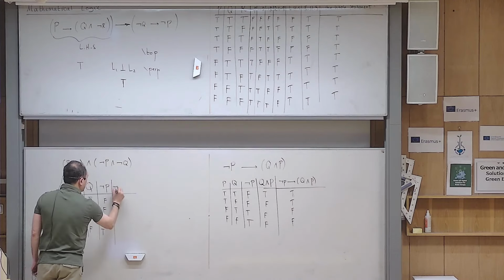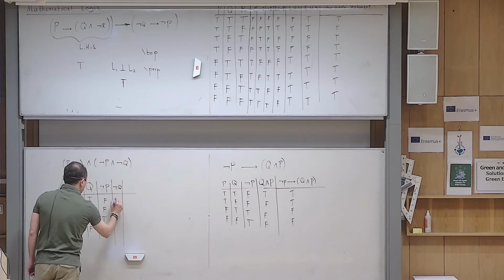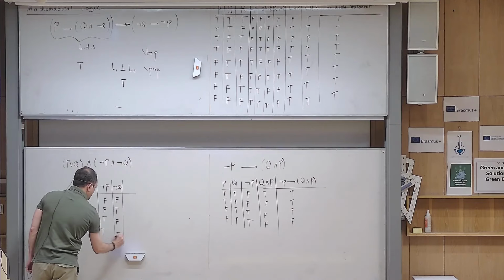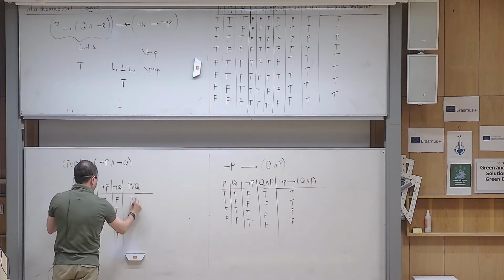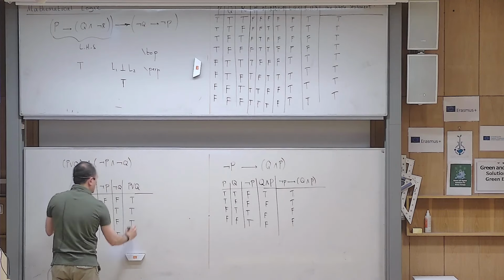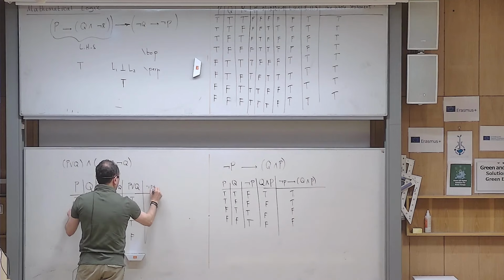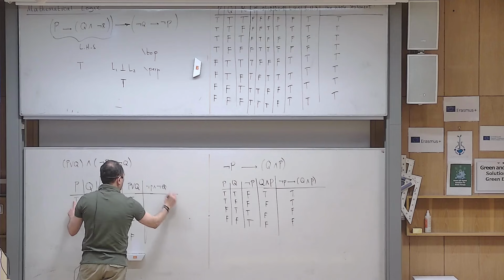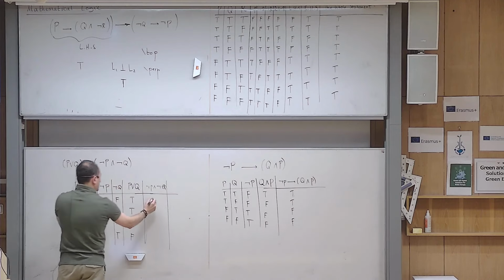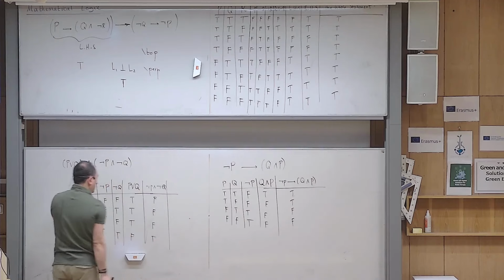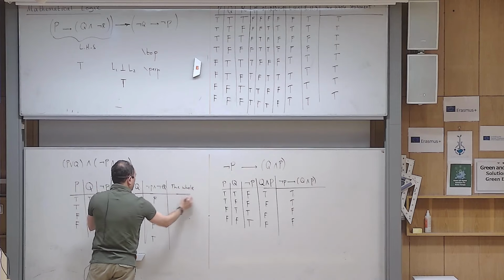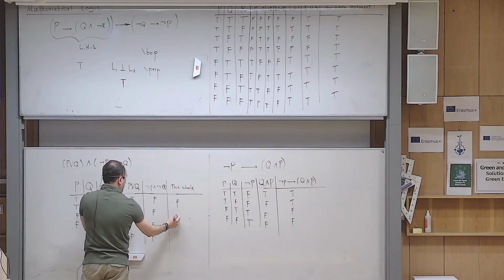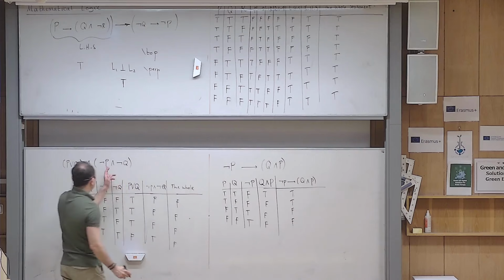I need not Q, which is T, F, T, F, and then I need P or Q, which is T, T, T, F, and I also need not P and not Q, which is between these, so it becomes F, F, F, T. Finally, the conjunction between these two, the whole thing, becomes F, F, F, F, because I am doing the conjunction.